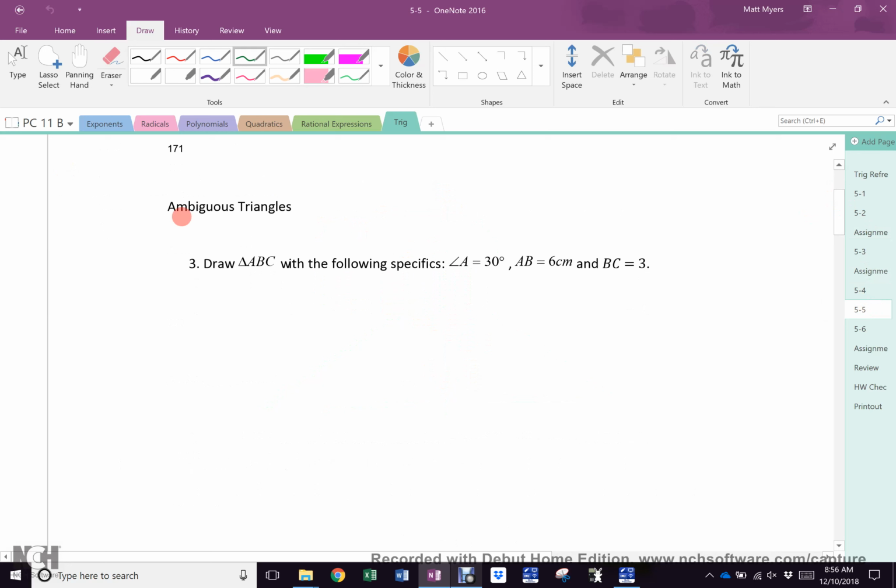And you see the word ambiguous triangles. Now, ambiguous triangles are what I was just talking about. A great many of you in this room might not know what the word ambiguous means. Does everybody know what the word ambiguous means? You're not familiar with the concept of ambiguity? Okay.